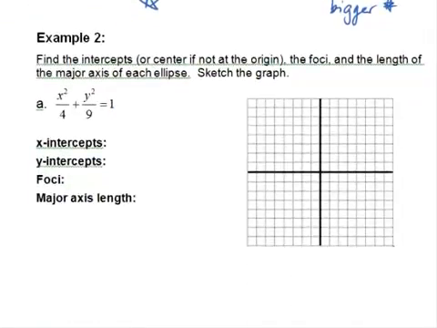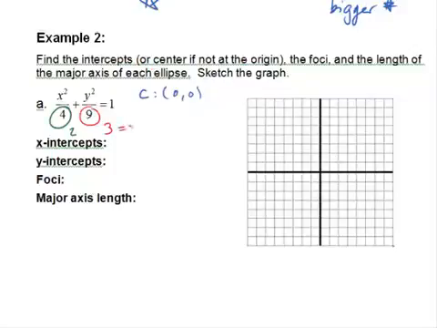All right, so for our first one here, it is equal to 1, so we're set to go. Our center is 0, 0, since there's no h or k with that. And the number underneath of our x is 4, so that means that it will be 2 units to the side, and the number underneath y is 9, so that'll be 3 units. Remember, square roots.